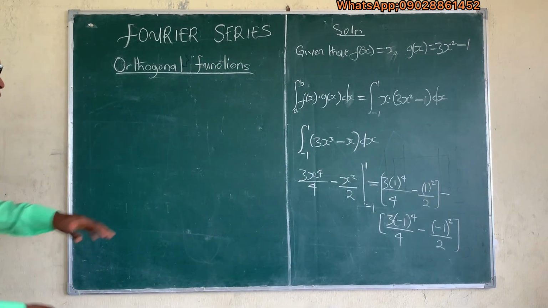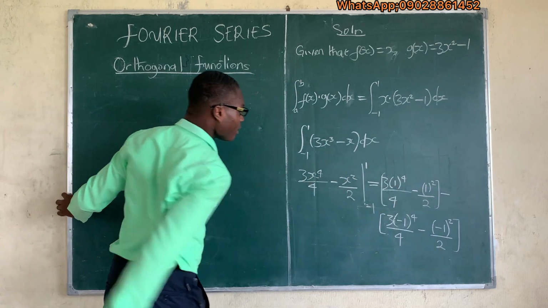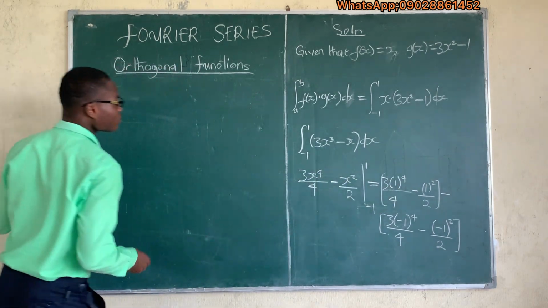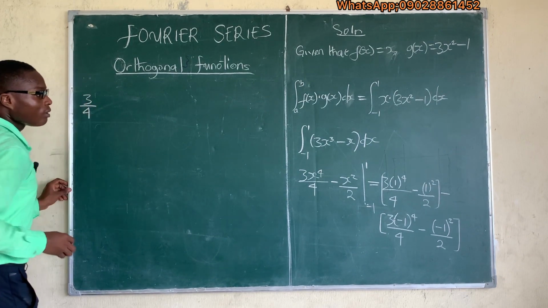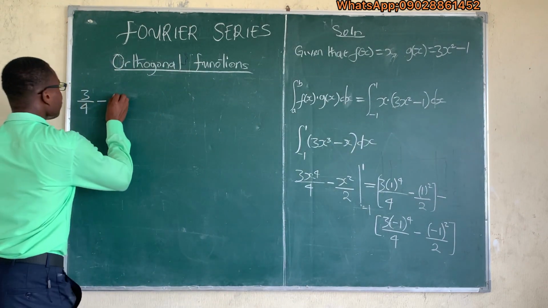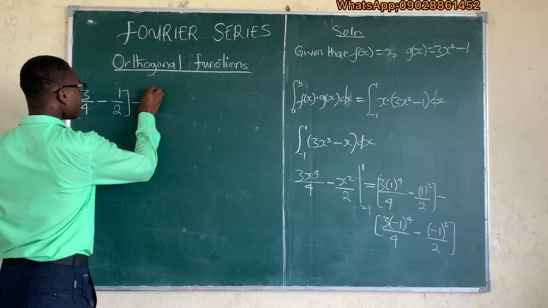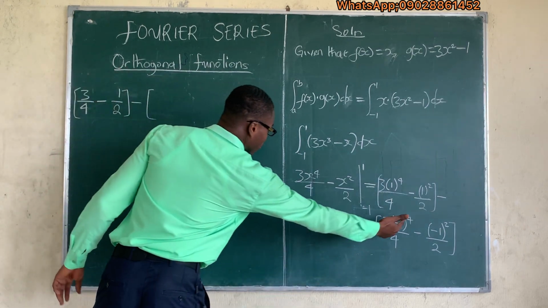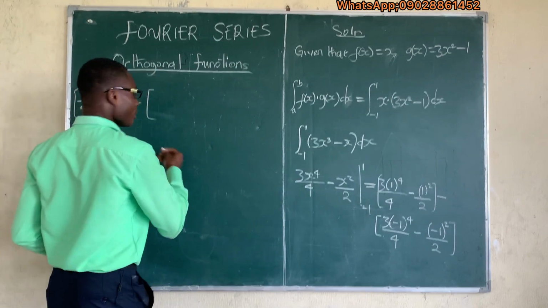All right, so we have 3 into 1 to the power of 4 will give us 3 over 4. So we have 3 over 4 minus 1 to the power of 2 over 2, which is 1 over 2, minus, because 4 is even, minus 1 to the power of 4 will give us 1.